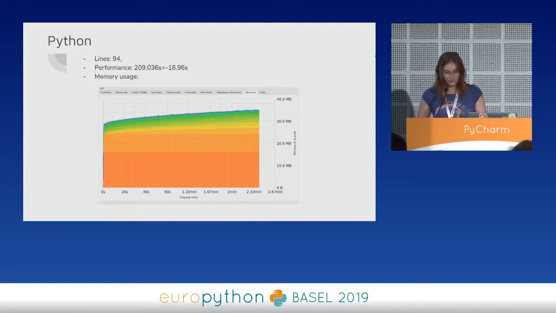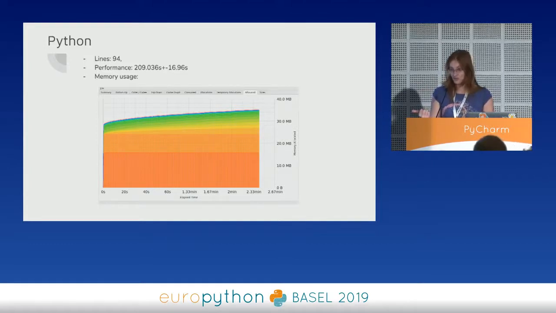So all of our criteria translate into quite a small amount of code to prototype our flow. It's actually 94 lines without documentation. Our performance for one day, without printing into console, is 210 seconds.